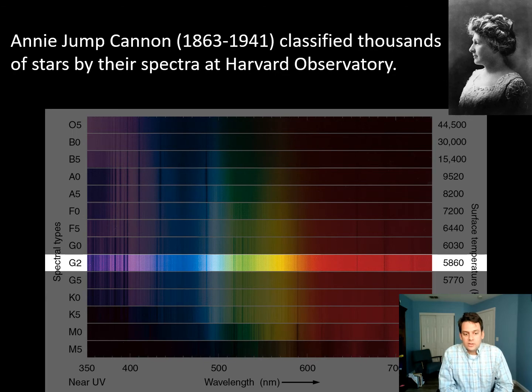So as I mentioned, the sun is a G2 star, and for what it's worth, this is representative of the sun's spectrum. It is very nearly 5800 Kelvin. 5860 is written down here, and you can see it's very close to the middle here. Again, I made the comment that the sun is a sort of plain vanilla star. It's very near the middle of the full classification of stars.